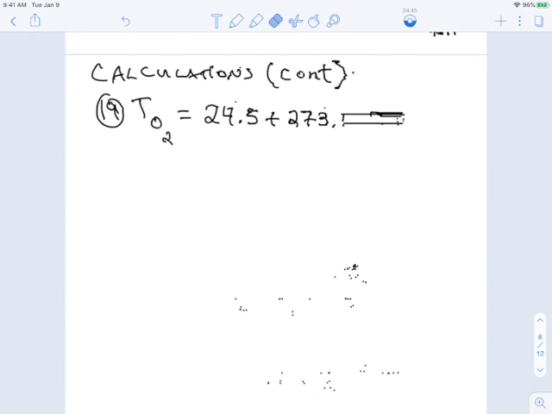Oh my goodness, I'm sorry guys, I just don't know how to use this. 273.15, and that's going to give us a value that has to be rounded to only one decimal, because that's what this was, and that number will be 297.7. This is so shaky.